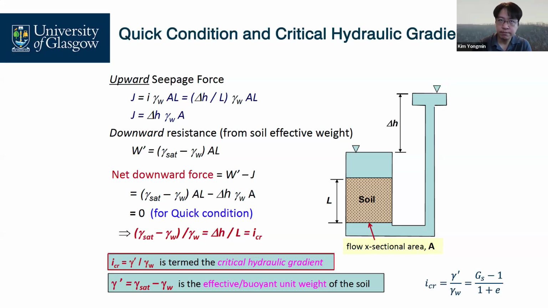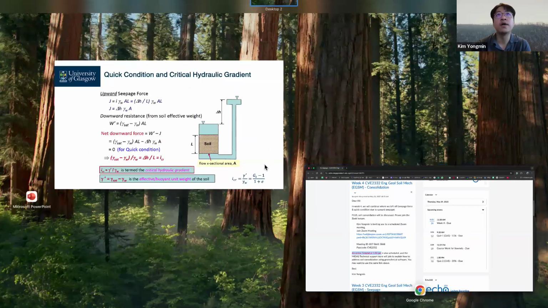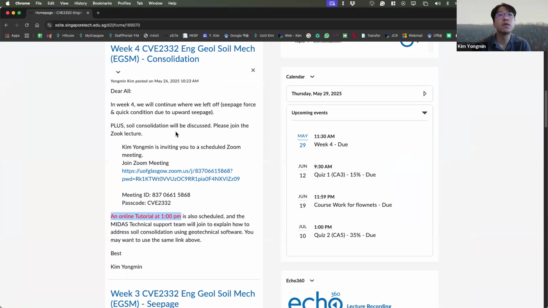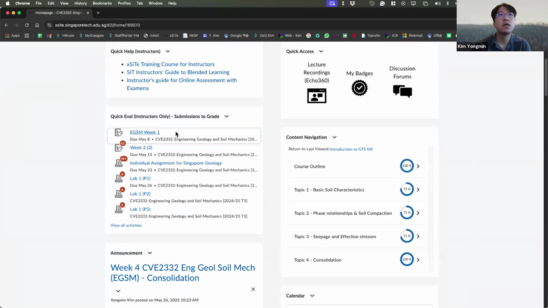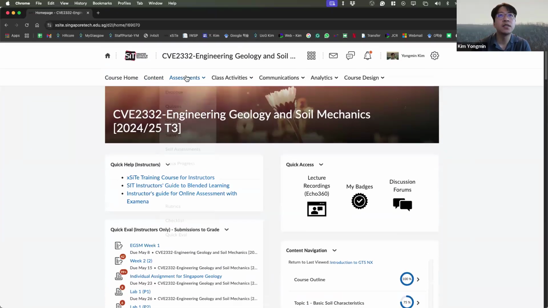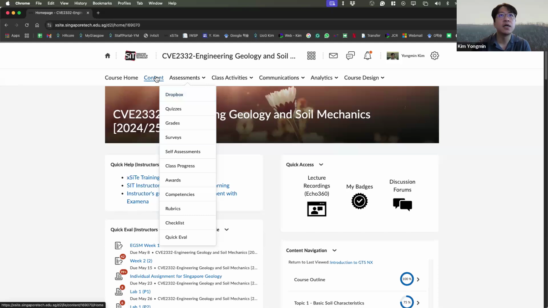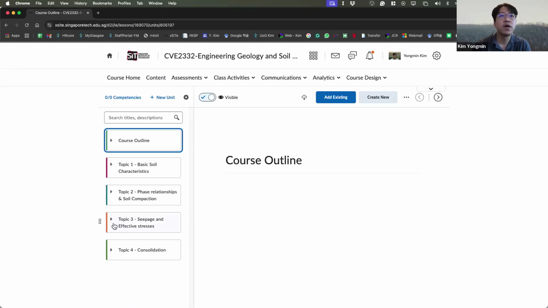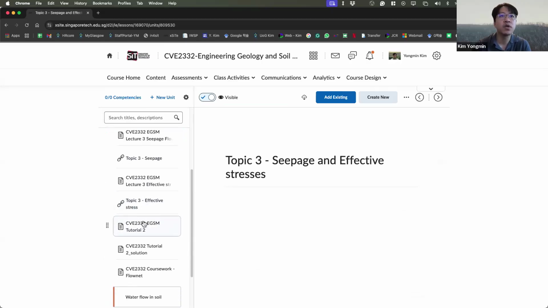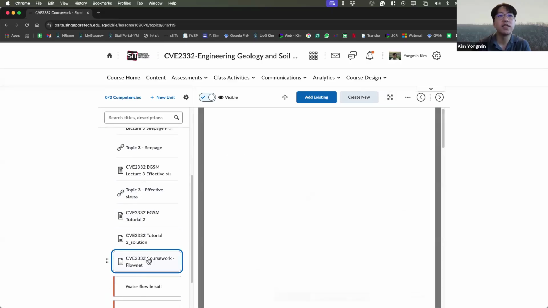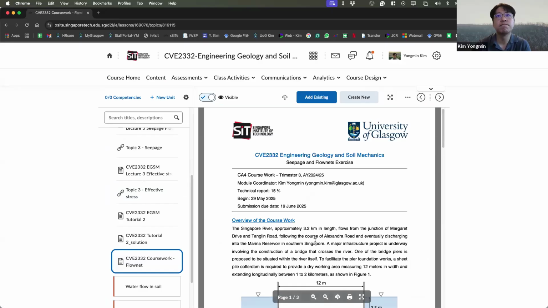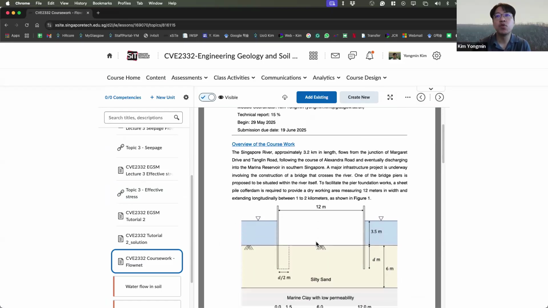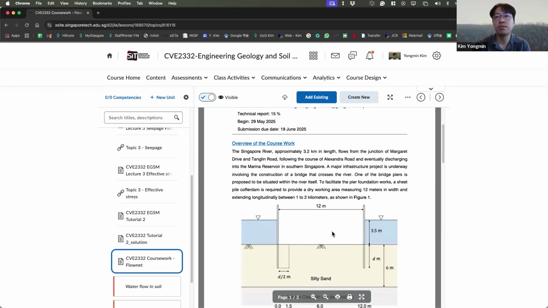So in your exercise, and then go to the contents, we have coursework, FlowNet. This is a group assessment. We need to secure this dry zone.